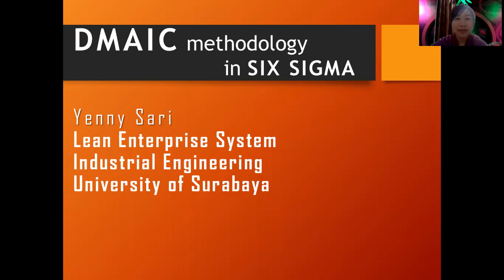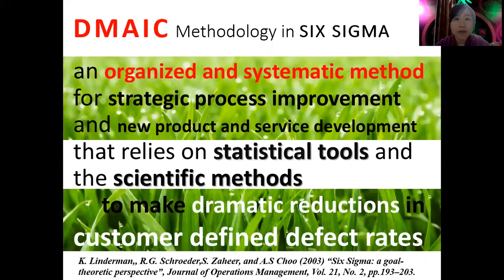We are going to discuss the methodology in Six Sigma and specifically every stage of this methodology week by week. You will find out that the DMAIC methodology in Six Sigma is an organized and systematic method.